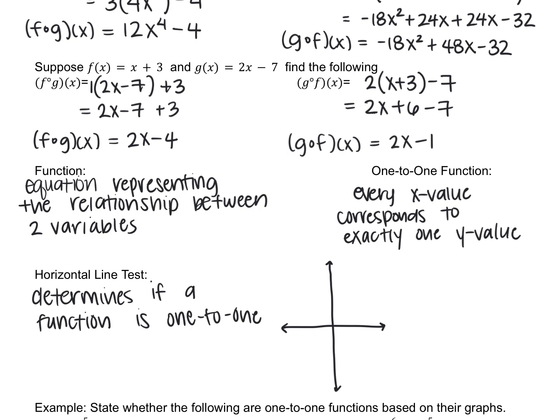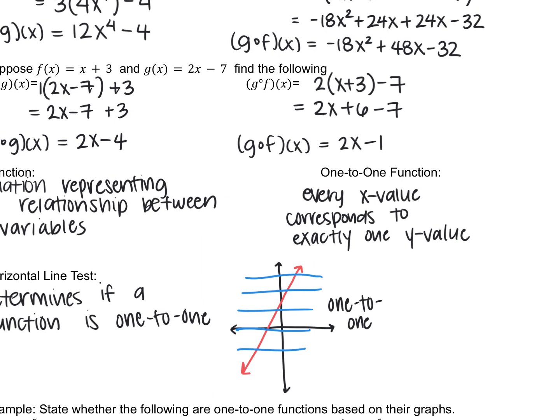So I'm going to use the examples I just talked about. So a linear equation, so if I just have a line, if I draw an infinite number of horizontal lines through that equation, it will only ever touch in one place. So this is an example of something that is one-to-one.